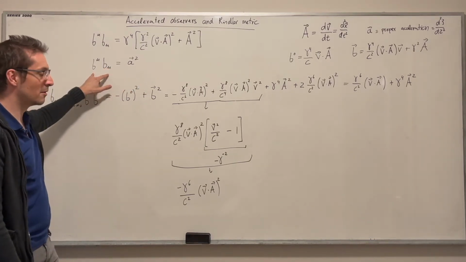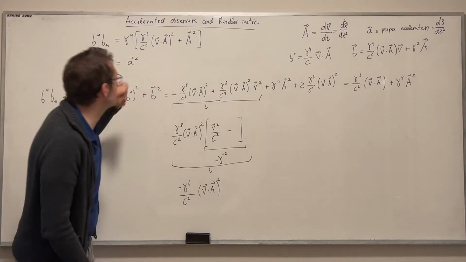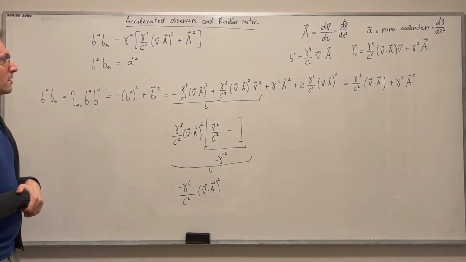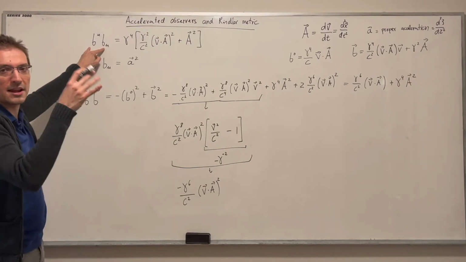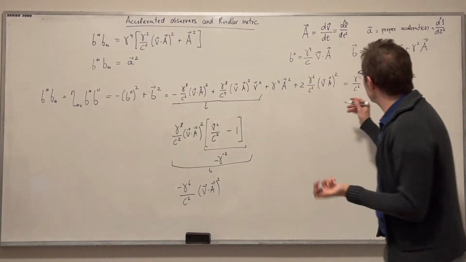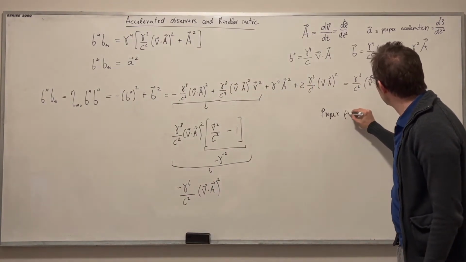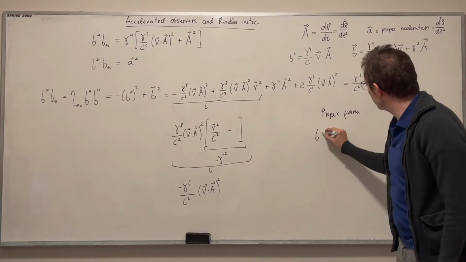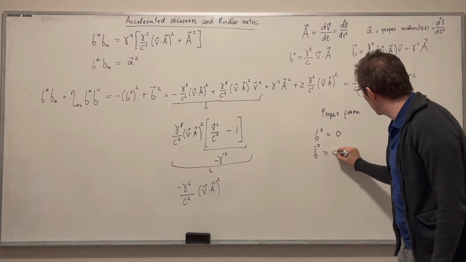So again, the norm of the 4 acceleration is the square of the proper acceleration. Wonderful. But we can also compute what this is in an arbitrary frame, right? In an arbitrary frame, the 4 acceleration, remember, in the proper frame, the b0 was equal to 0, and b vector was equal to a, right?